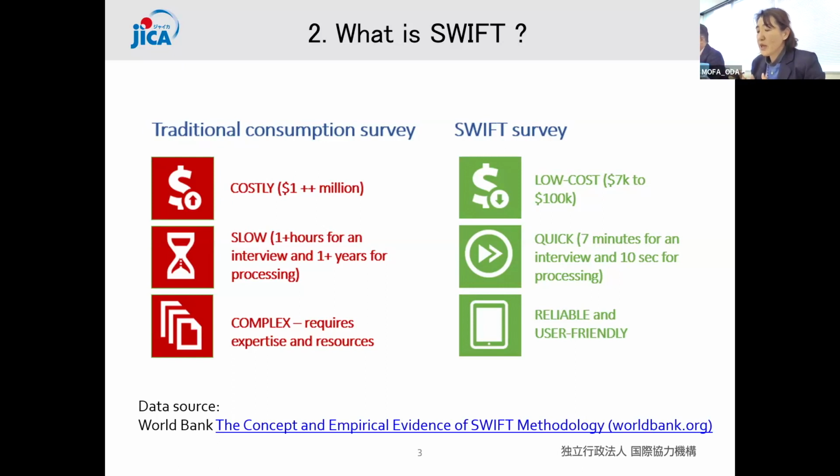There are maybe 10 or 15 questions, so less time is required. And it is reliable and user-friendly, meaning it is easy to collect the data using the computer. So compared with the traditional consumption survey, SWIFT has far fewer questions and is faster, easier, and cheaper for data collection and analysis. For your reference, please access the World Bank website.